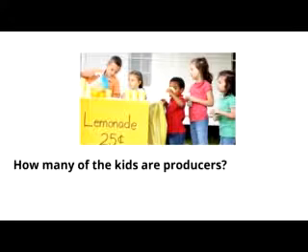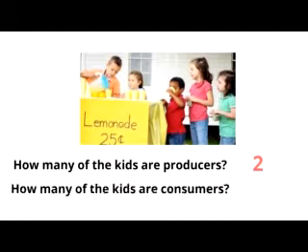So, how many of these kids are producers? This is a picture of a lemonade stand. How many of the kids are producers? Yeah, 2. 2 of them are producers. Now this might be easier. How many of the kids are consumers? How many of them are going to buy the lemonade? Yeah, 3.